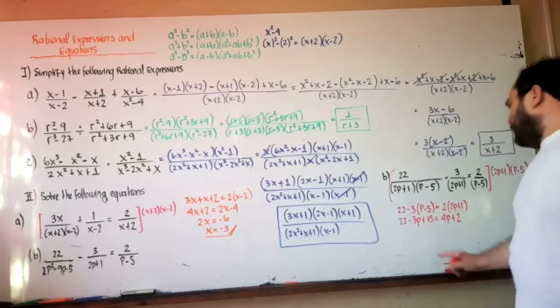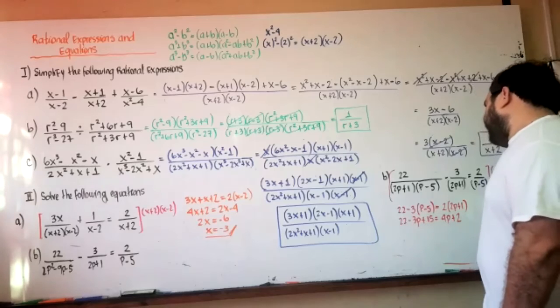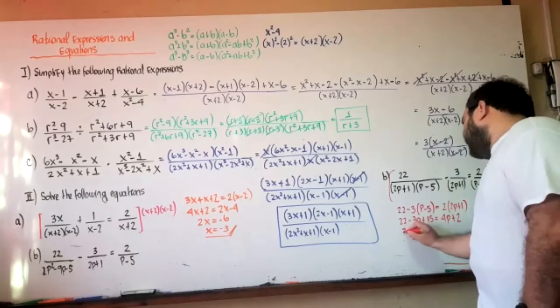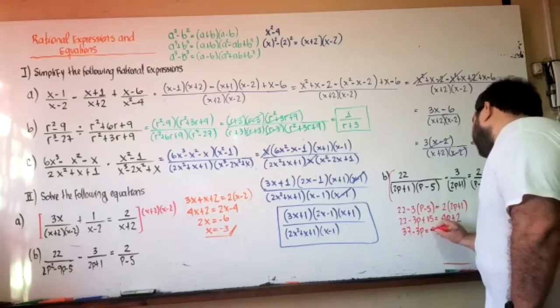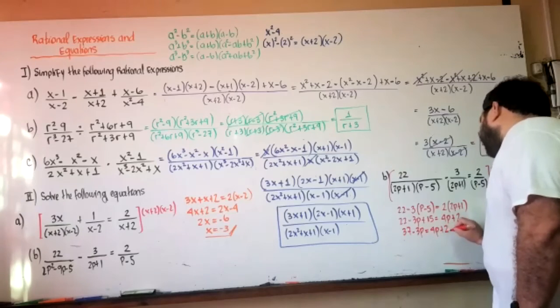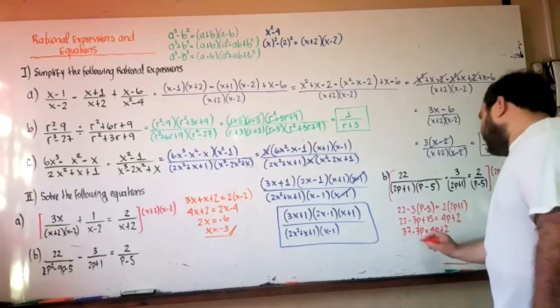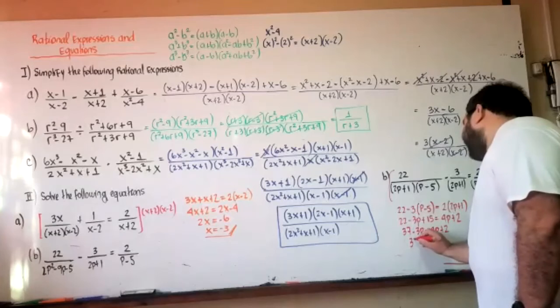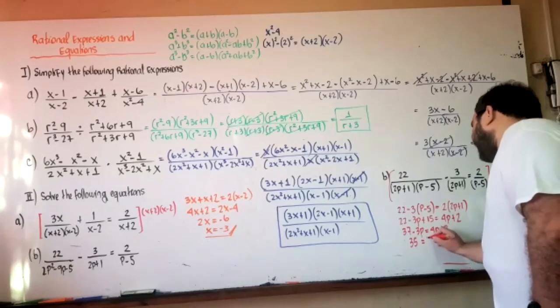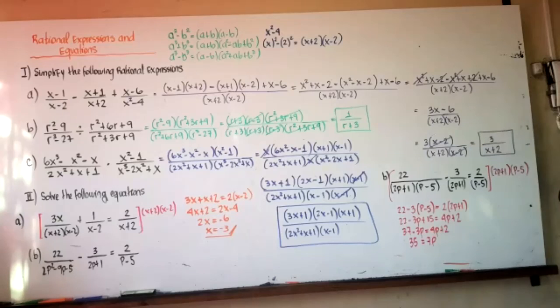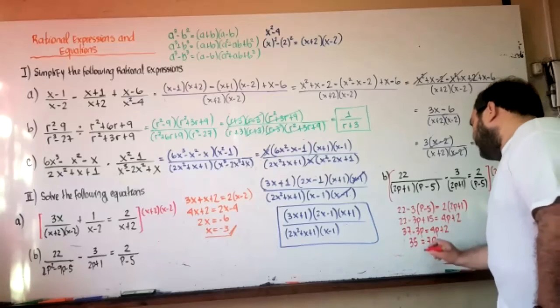Okay, so negative 6 plus 15... 37 minus 3p equals 4p plus 2. So 35, because 37 minus 2 is 35, equals 7p. Why 7p? Because 4p plus 3p will be 7p, and 35 divided by 7 will be 5.